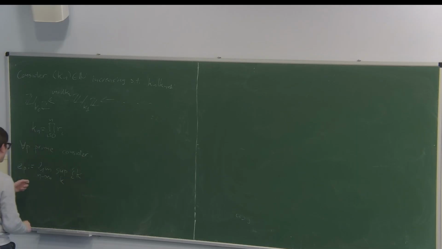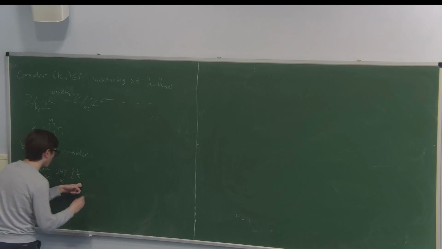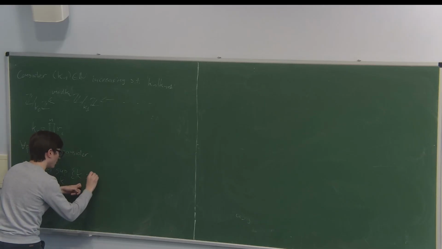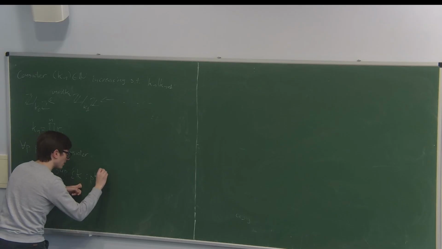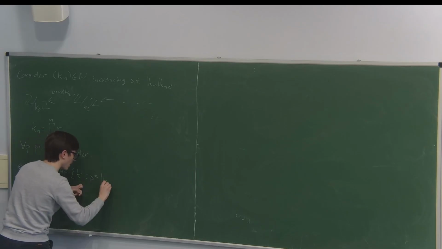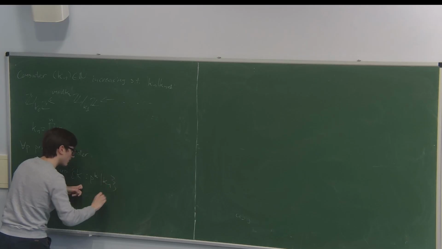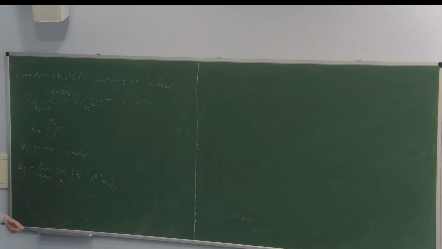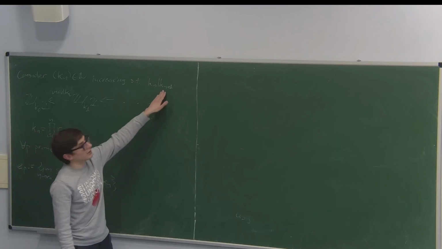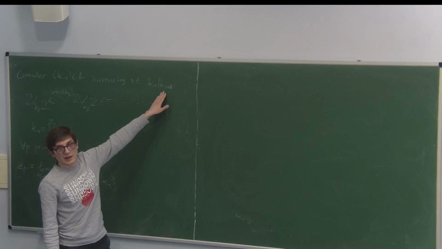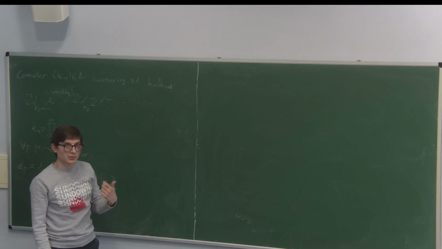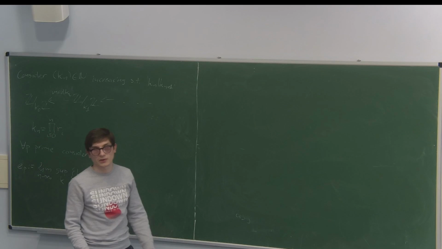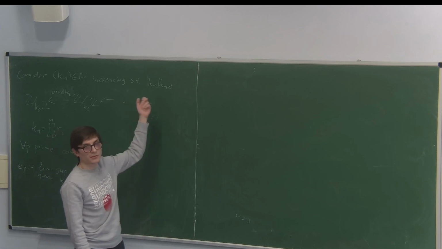This will be the limit of the supremum of the times that p^k divides Kn. Okay. This is a very complicated way of just saying, start going up those Kns and keep track of what divides them, the prime decomposition of them.